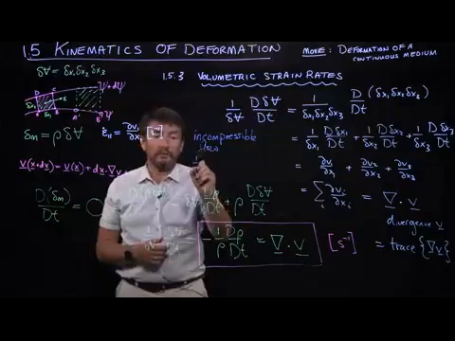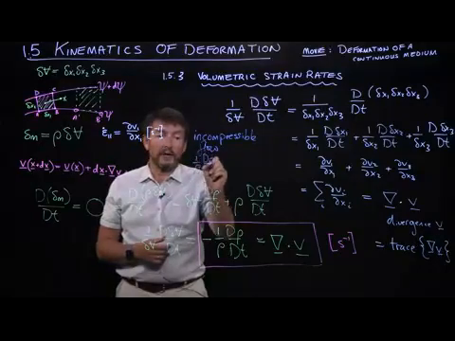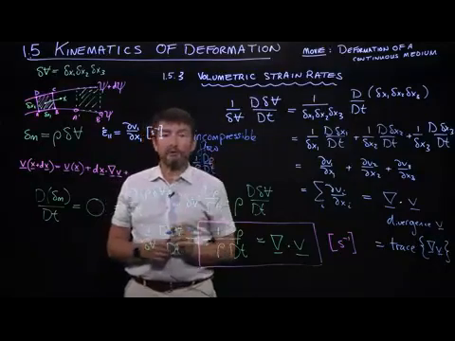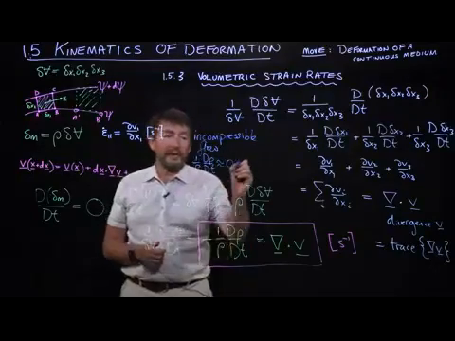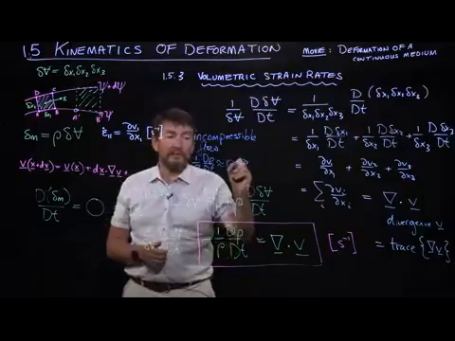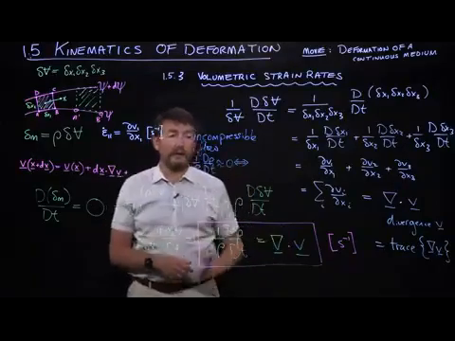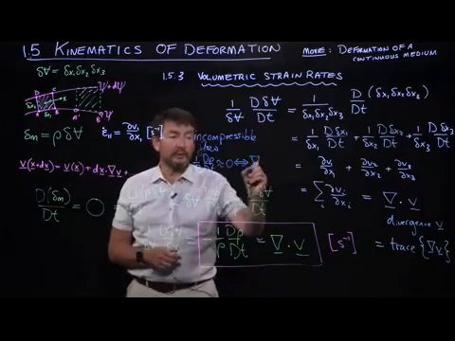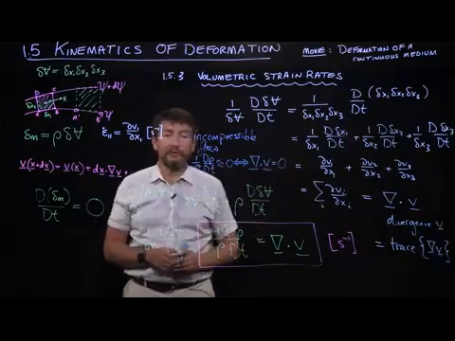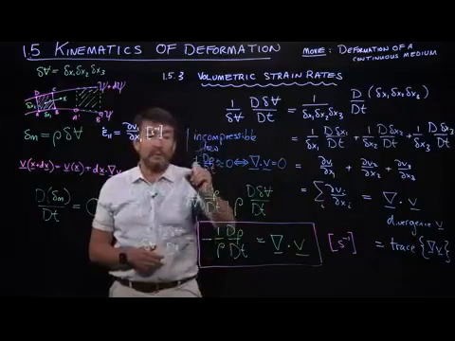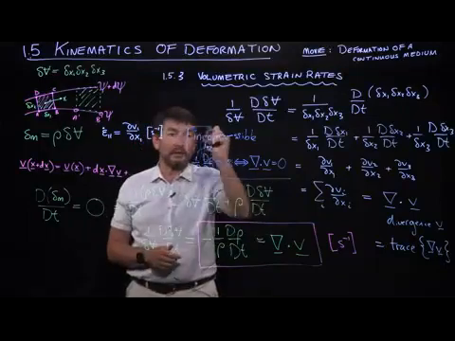So 1 over rho d rho by dt is never truly 0, but it might be very, very small. So we'll say that's 0. That's equivalent to saying that the divergence of the velocity field is 0. And so we'll frequently make this statement that if the divergence of the velocity field is 0, then we have what we'll call an incompressible flow.